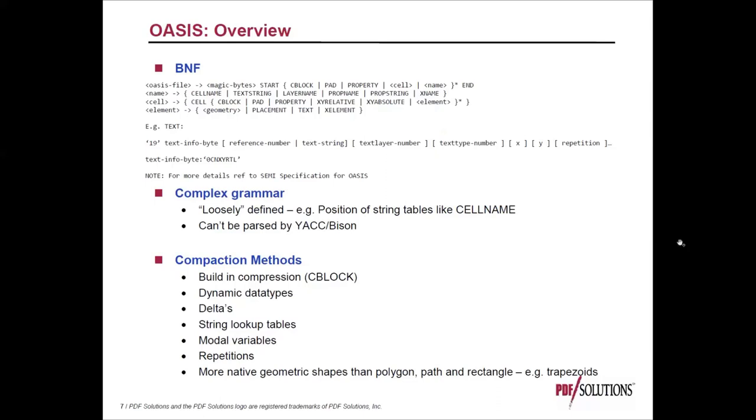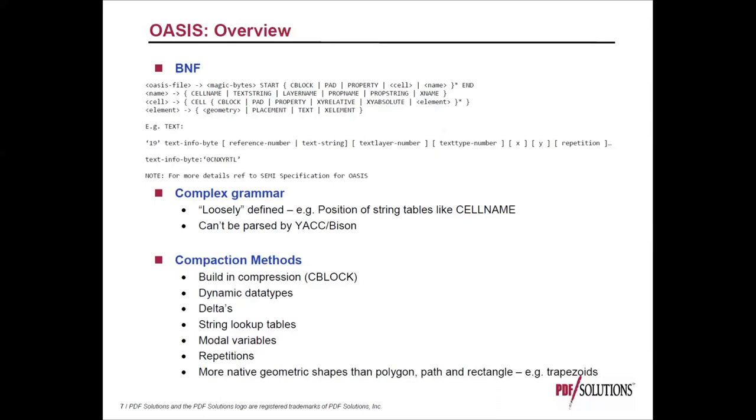The second problem, for instance, look at something like a text element. Text has an ID, which in this case is 19, and then comes this kind of odd thing, which is a text info byte, and this is valid for any other record as well. It works the same way. The text info byte is 1 byte, which has a couple of bits.